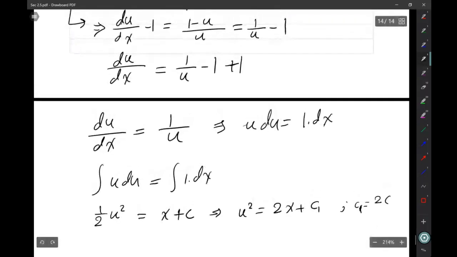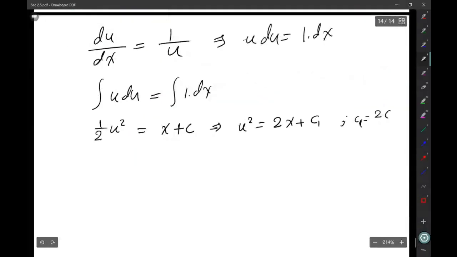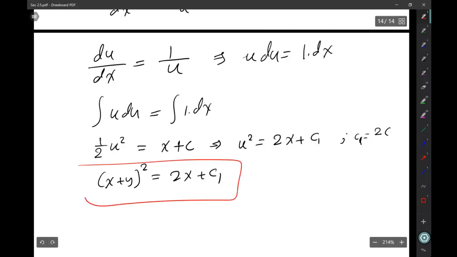And replace u back. What's the value of u? x plus y. So x plus y squared becomes 2x plus c1. So this is the solution: x plus y squared is equal to 2x plus c.